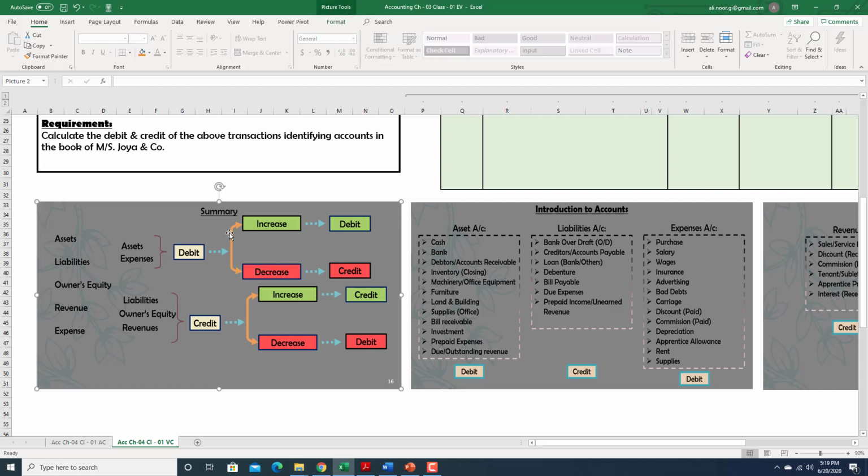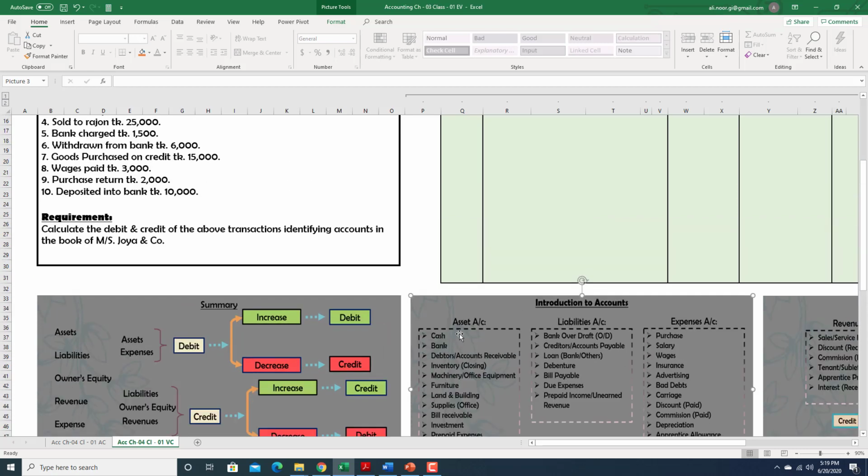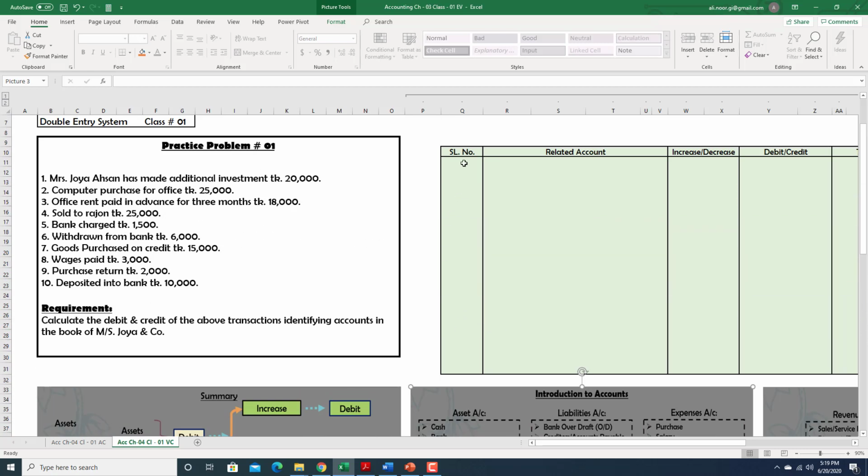This image is for summarizing the basic concepts of classifying debit credit, and the other two are from the lecture video chapter 2, and they are showing the various categories of accounts. We will use it when we will need it.